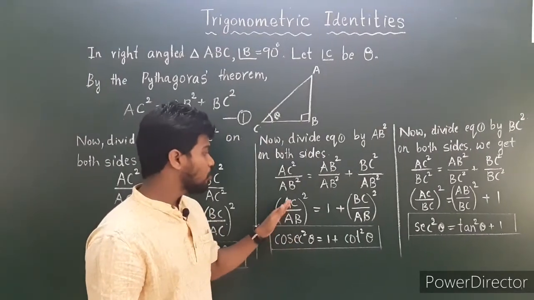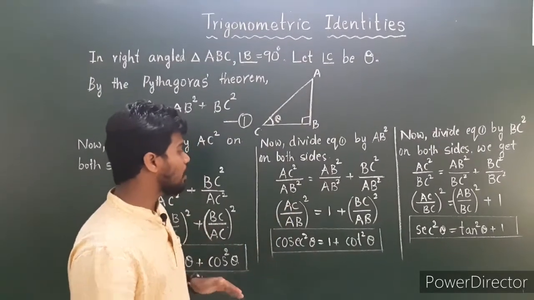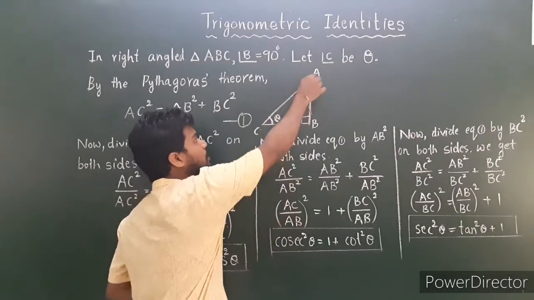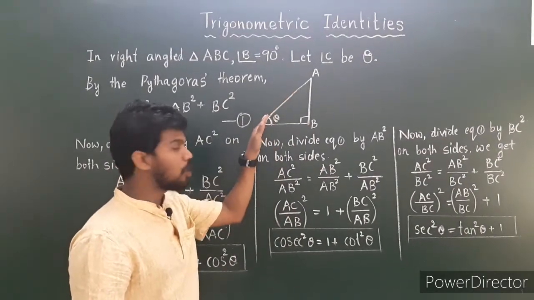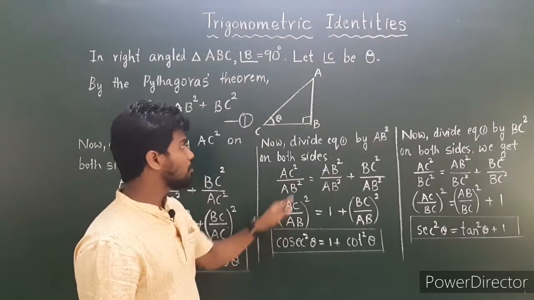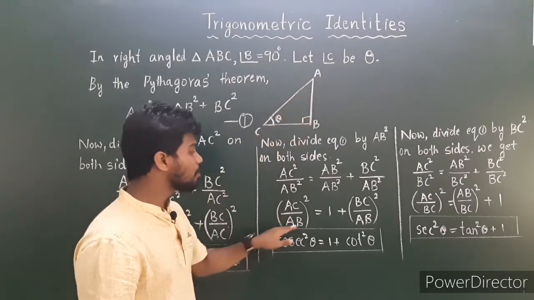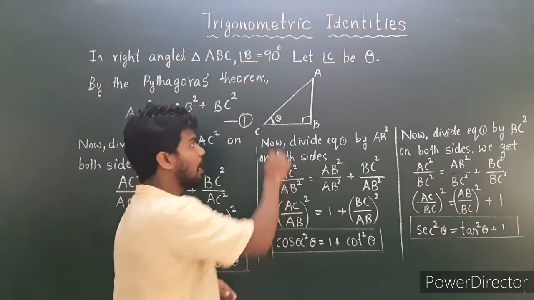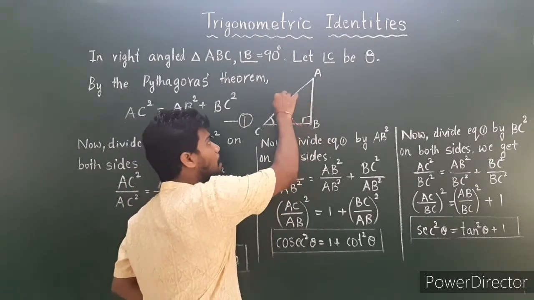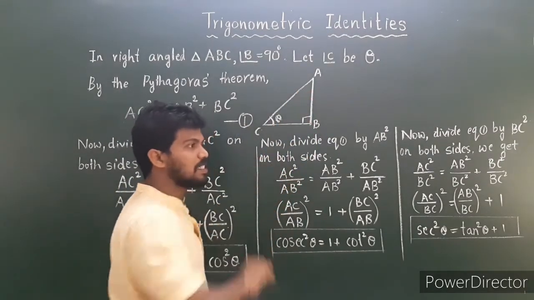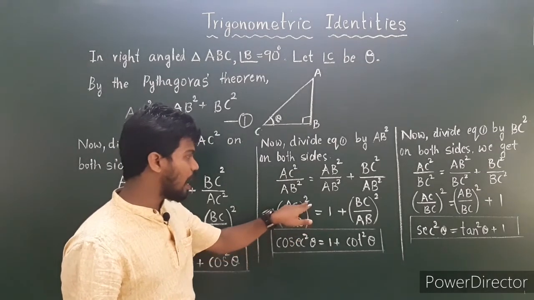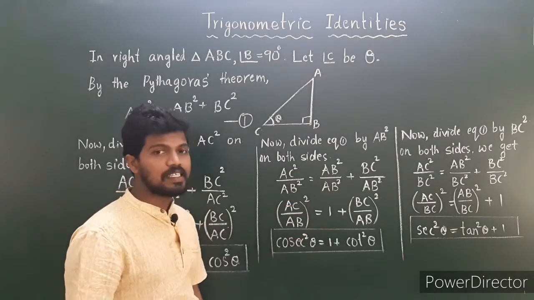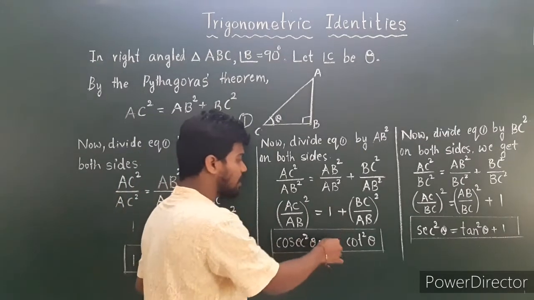Now what is AC by AB? AC is the hypotenuse in the diagram, and AB is the opposite side. Hypotenuse divided by opposite side is cosecant theta, and it is squared, so cosecant square theta, and the 1 stays as it is.